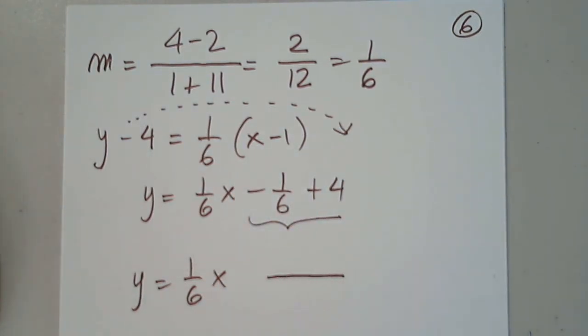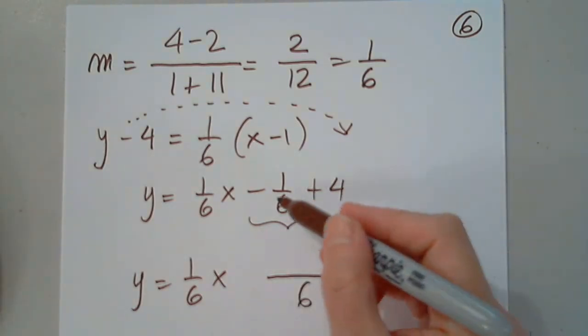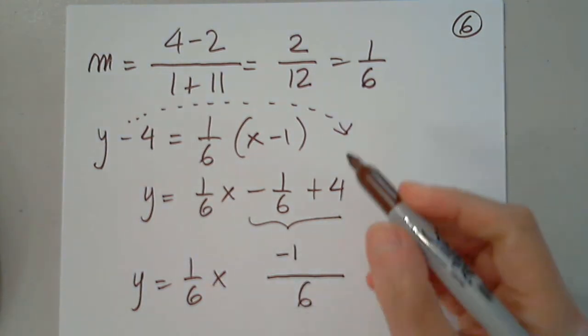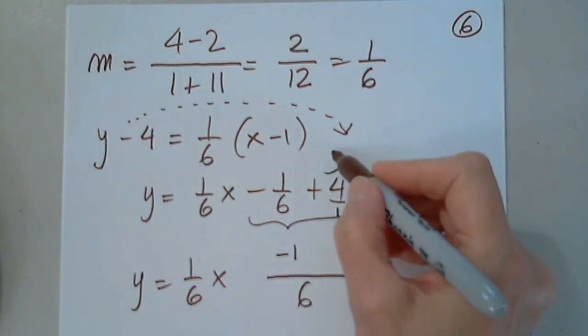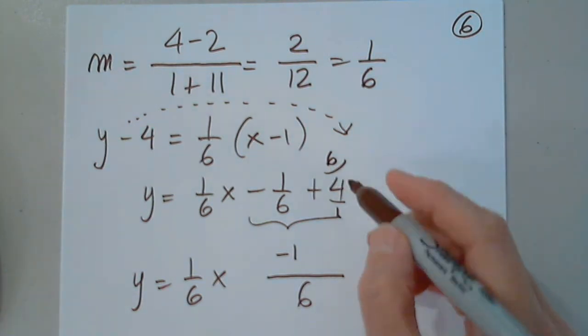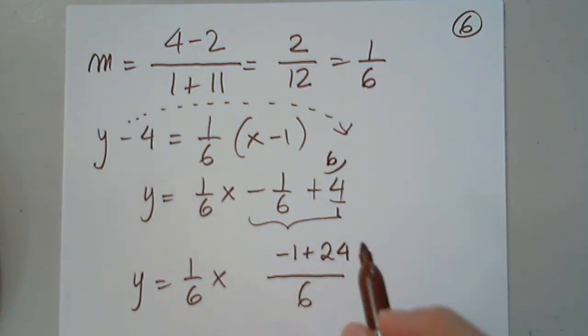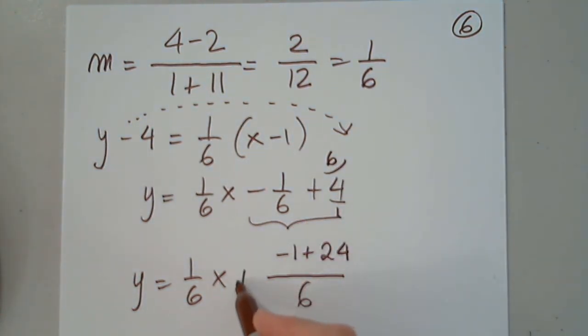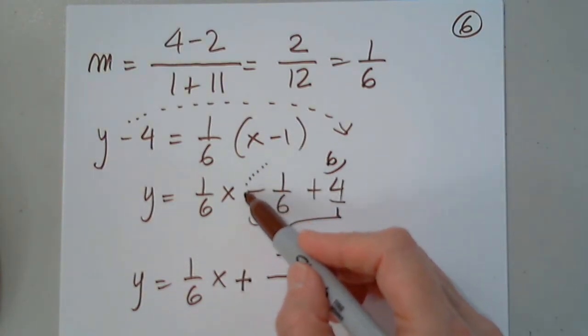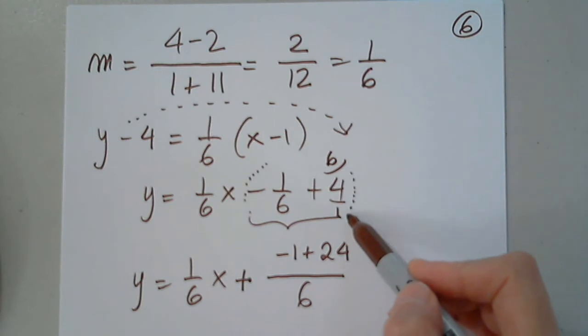Just give me the least common denominator. 6, of course. So I have a negative 1 at the top, and this one is over 1, so it needs a 6. 6 times 4. In that case, remember you have to put a plus in here, because I consider this in parentheses.